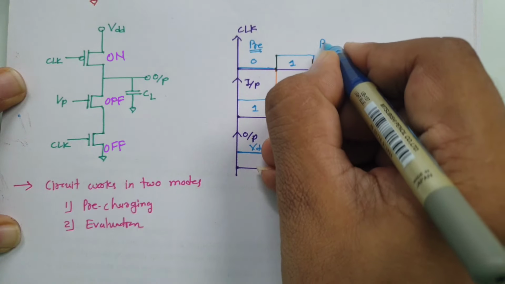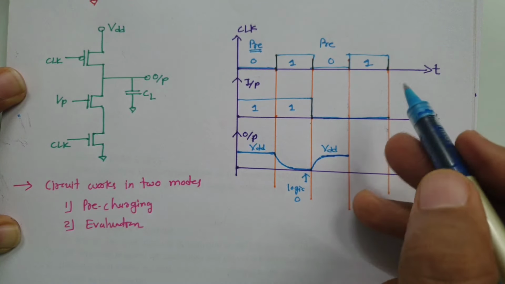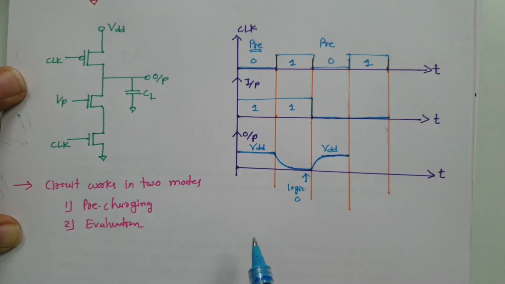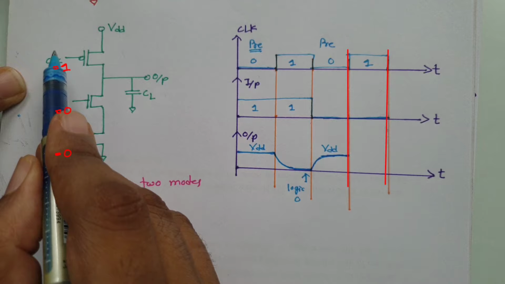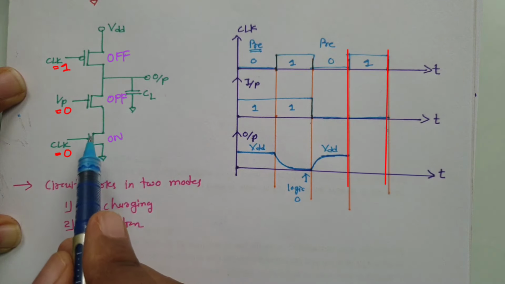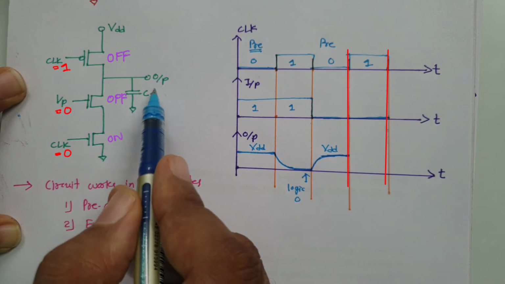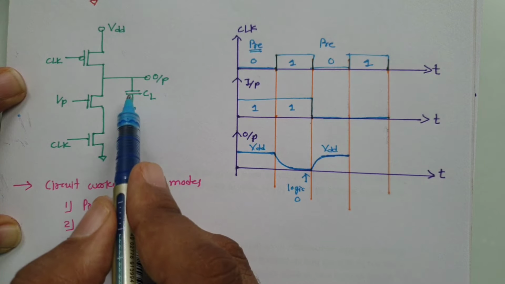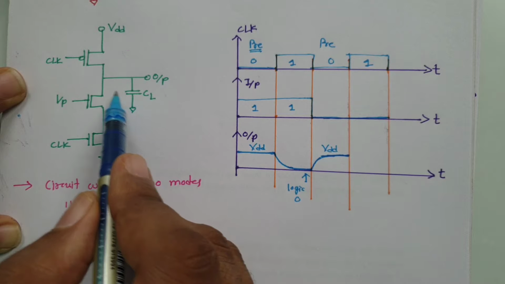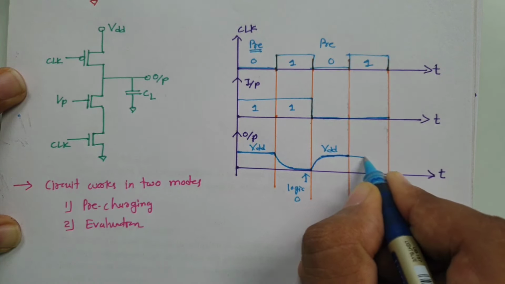So here again pre-charging is happening, and now in the fourth case we have clock equals 1 and input equals 0. When clock equals 1, this will get off and this will get on, and input equals 0, so this will get off. As this is off, the load capacitance does not find a path to get discharged, so it will retain its voltage VDD during this state.